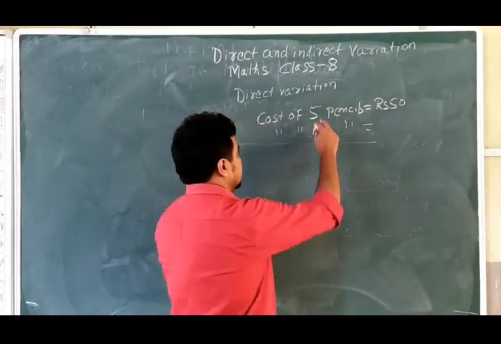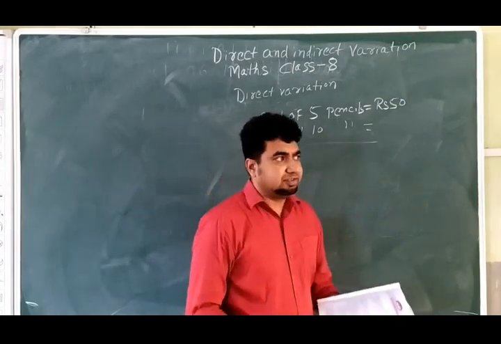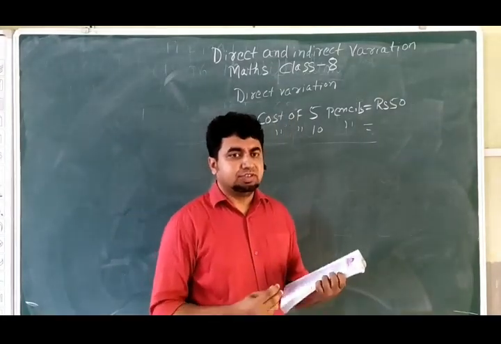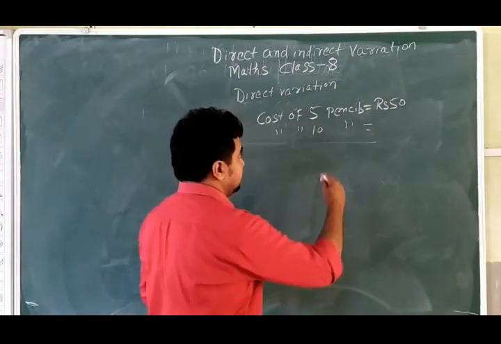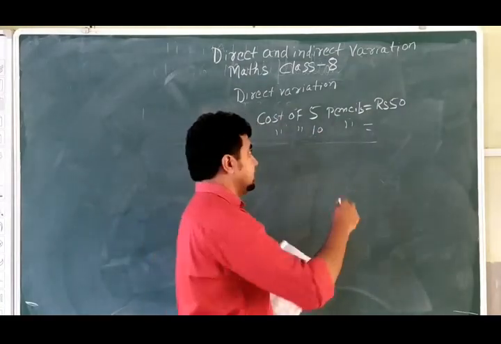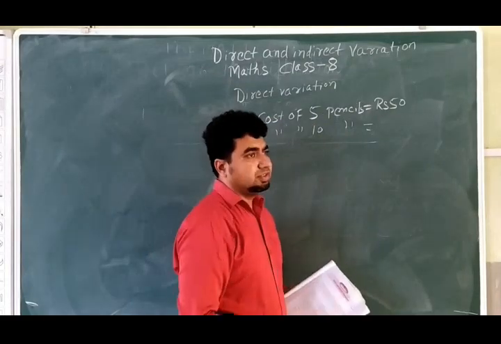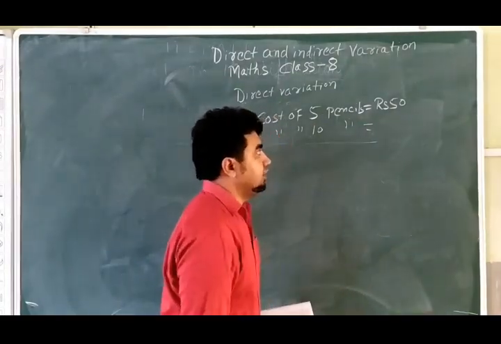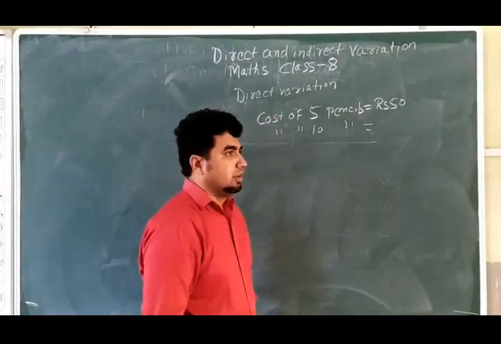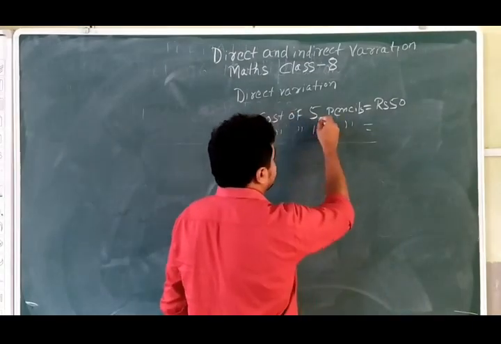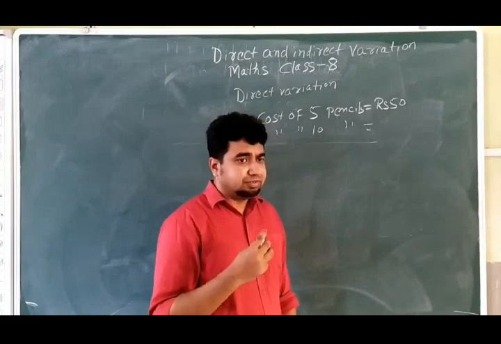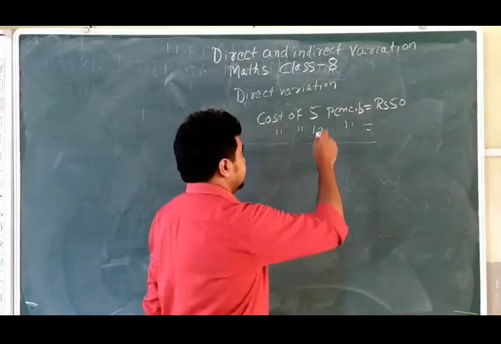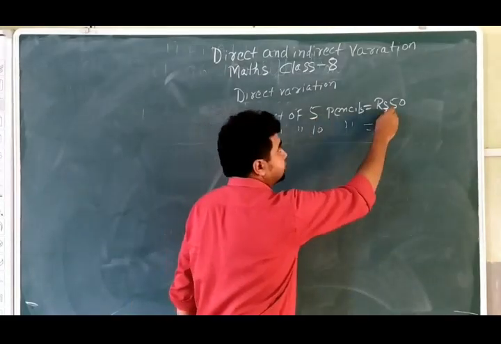Means if the number of pencils is increasing, the price is also increasing. That's why it is known as direct variation. Here the number of pencils is increasing, so the price is increasing. Means with respect to one quantity, the other quantity also increases. If this quantity is increasing, this is also increasing.